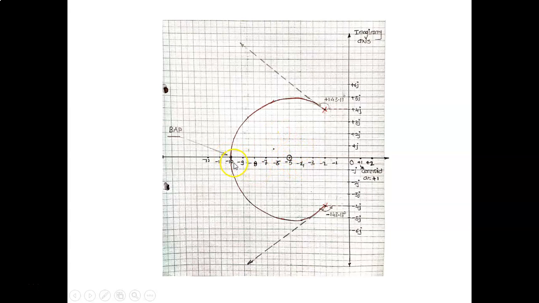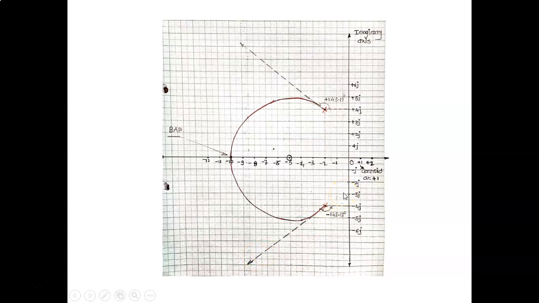This is the breakaway point at minus 10. Now first, the angle of departure we have to plot at the first pole, that is plus 143.13. Therefore, draw an angle of plus 143 degree. Here at the second pole, that is minus 2 minus 4j, draw an angle of minus 143.